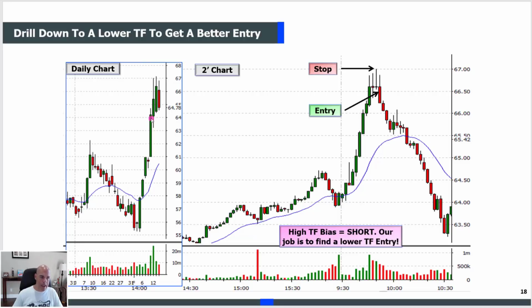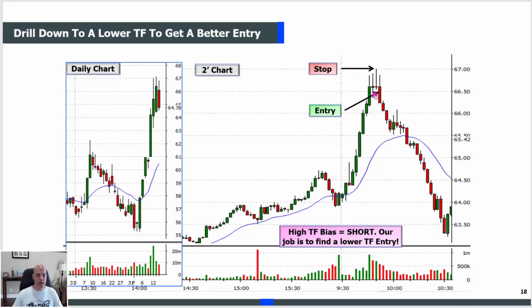Normally, the climactic target would be a 50% retracement, which is roughly 61, give or take. Okay? Would be a 50% retracement. This retracement down here to 59 is a lot more than that. So you're going, man, the risk reward there is just, so what if you could drill down and get a better entry? And there you go.